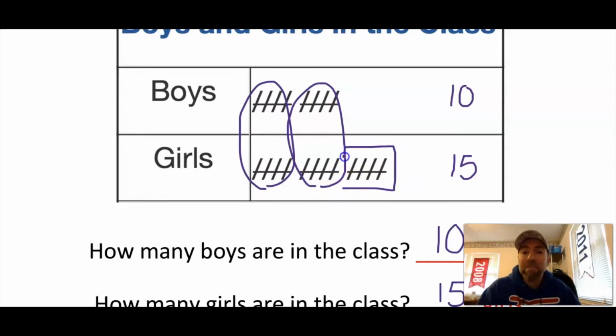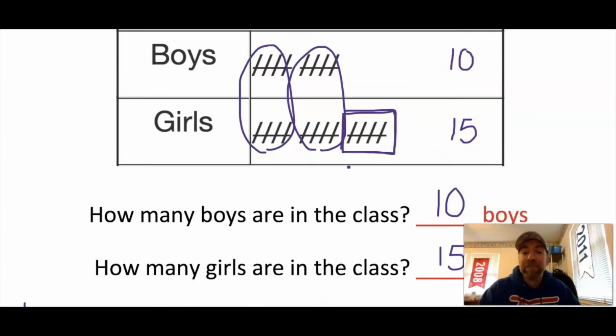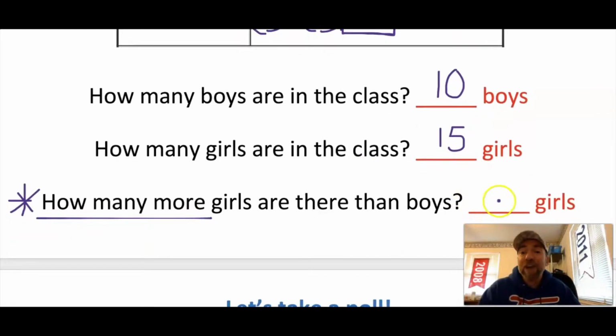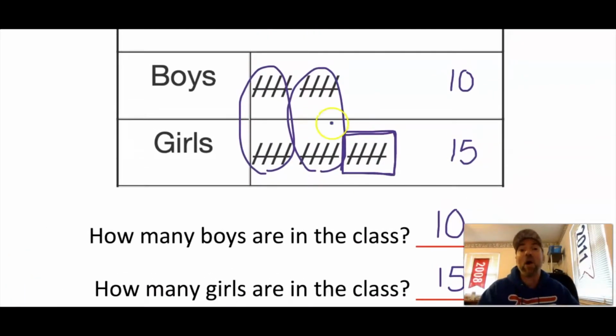How many more do the girls have? 1, 2, 3, 4, 5. So there are 5 more girls than there are boys. And we can tell all of that info from our tally chart.